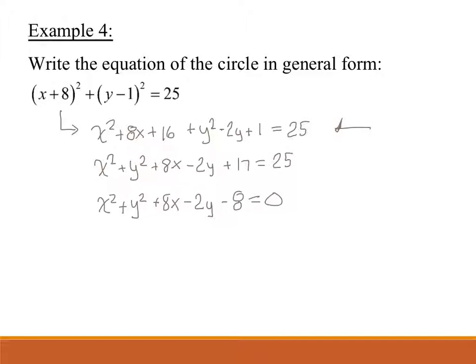And we see that we're going to put the terms in order. So we have x squared plus y squared plus 8x minus 2y plus 17 is equal to 25. And now we bring the 25 over and add it to the numerical numbers, and we get x squared plus y squared plus 8x minus 2y minus 8 is equal to 0.